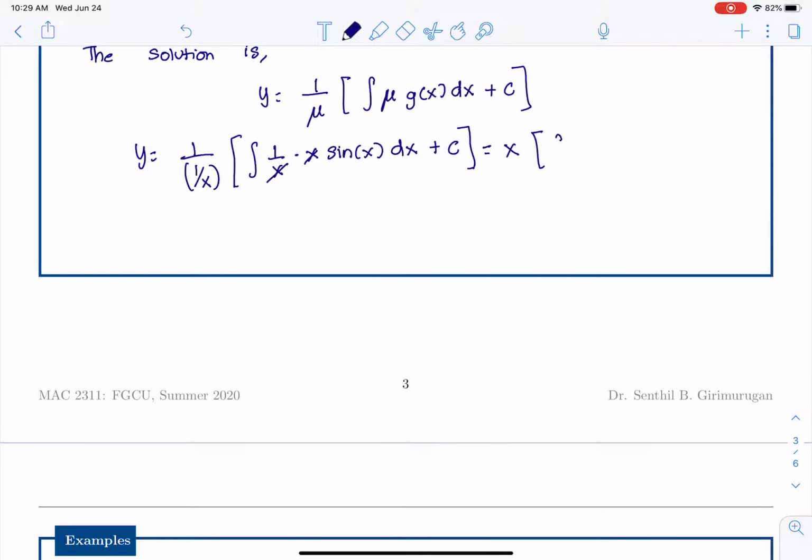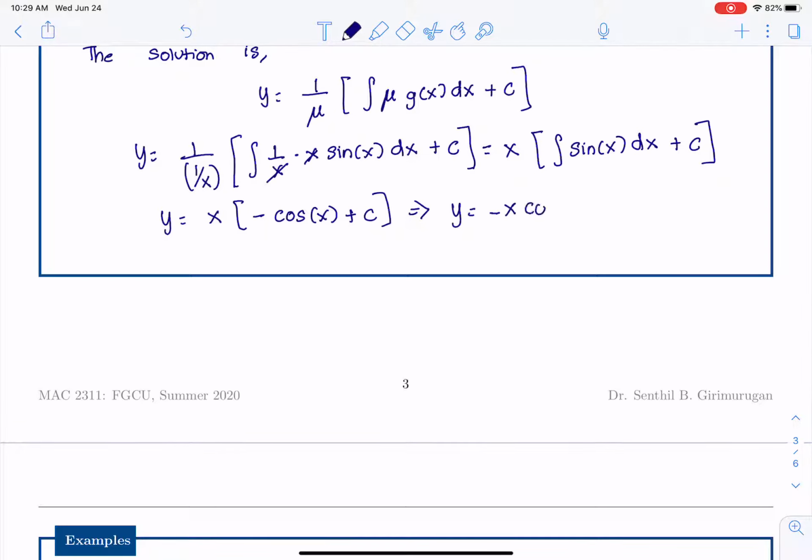These x's would get cancelled, so we have the integral of sine x plus c. And the integral of sine x is negative cosine x. So we have x times negative cosine x plus c. Distribute the x in, so y would be equal to negative x cosine x plus c times x. So the solution would be cx minus x cosine x.